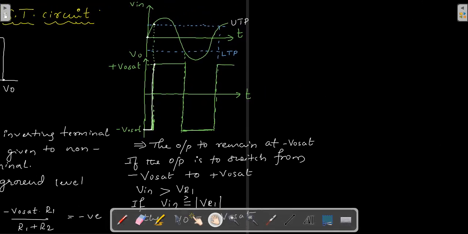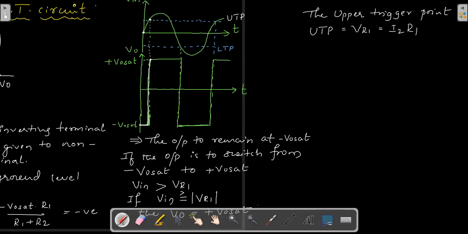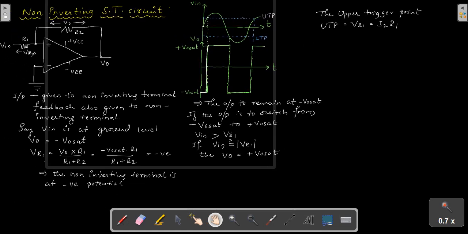So what will be the voltage across R1, the upper threshold point? The upper trigger point, or the threshold point, UTP, is given by your VR1, which is I2 into R1.